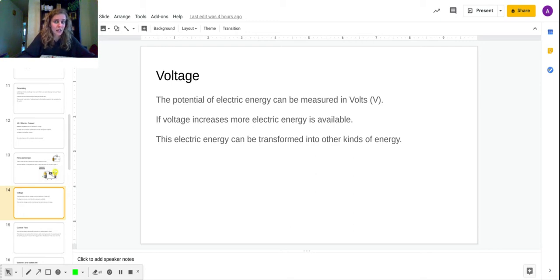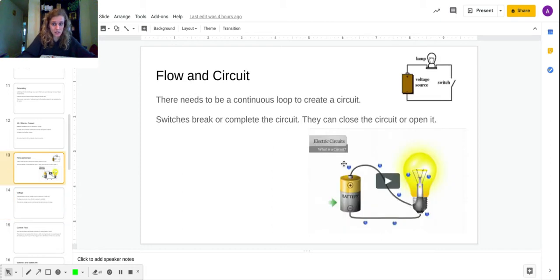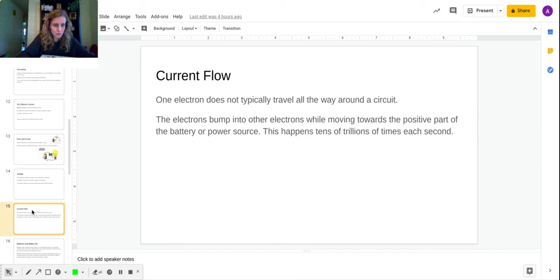And then this electric energy is transformed into other kinds of energy. So in this last example, the one we looked at on the whiteboard as well, the voltage is changed from electric energy into light and heat in a light bulb. In other machines, it can be kinetic energy, or I'm trying to remember what other kind, heat, thermal energy.